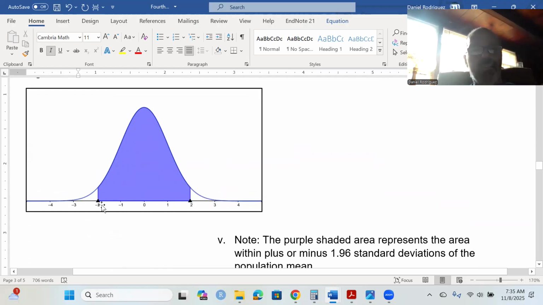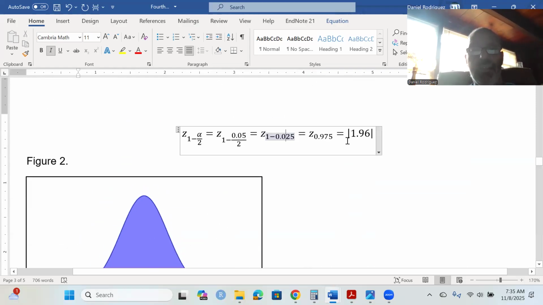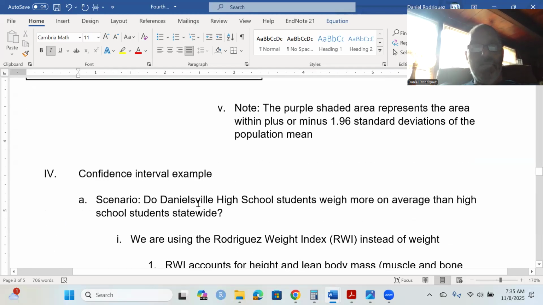But at the same time, we also need the lower limit, and the lower limit will cut off the distribution at the bottom 2.5%. So these are cutoff points, and they have to be both positive and negative because they surround the mean. Some people will just write 1.96, but I do the absolute value because the fact is it's both positive and negative.